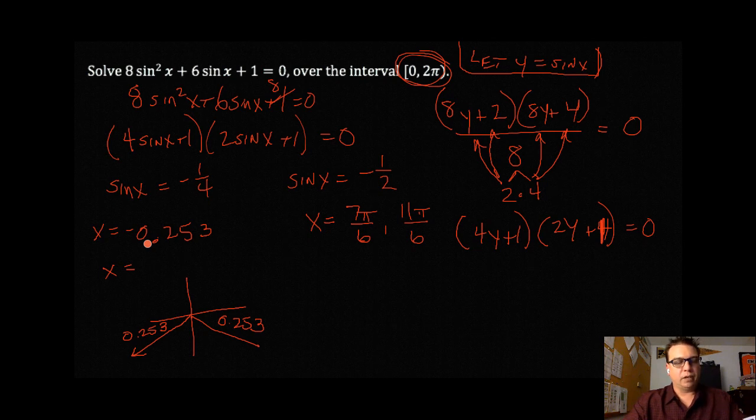Store to, we'll call it x. All right. So now I'm going to take that value and add 2 times pi. And that gives me 6.031. That's this one right here, because I had to add 2 pi to get all the way around. And then I'm going to add pi to the original, and I get the second value, which is 2.89.